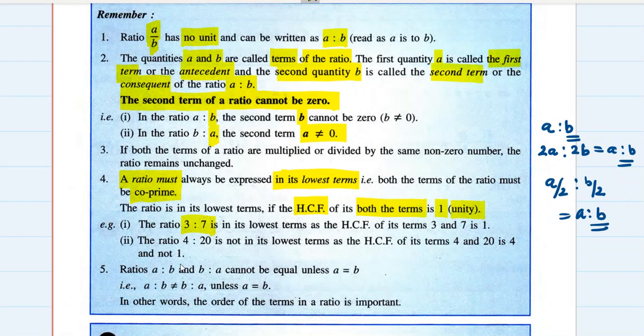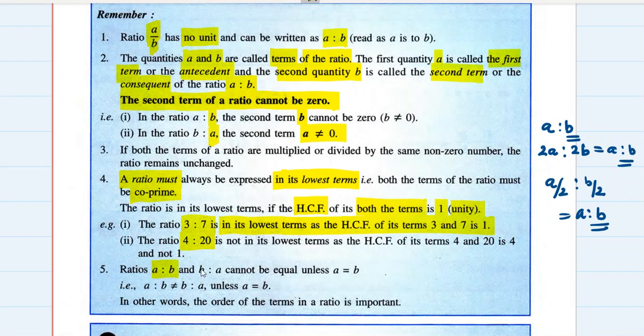That is, the ratio 3 is to 7 is in its lowest terms because HCF of 3 and 7 is 1. But the ratio 4 is to 20 is not in its lowest term because they can be simplified further. The HCF of 4 and 20 is 4 and not 1. That's why that particular ratio is not in its lowest term.